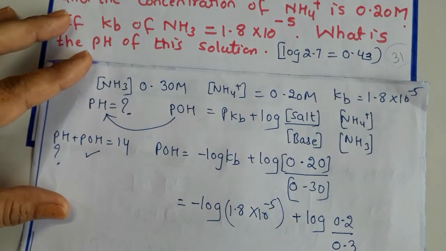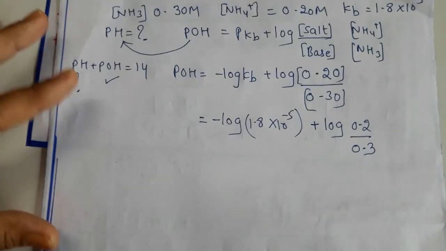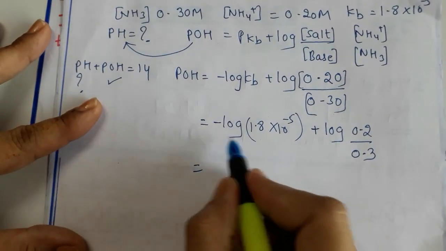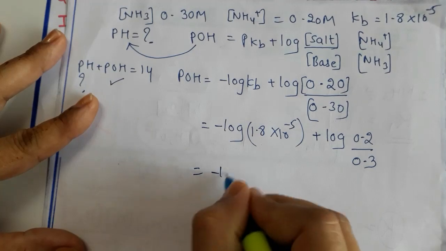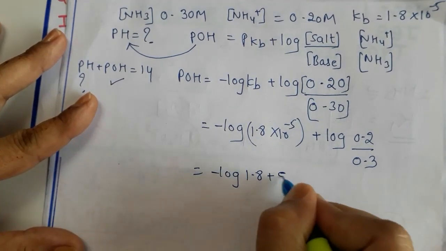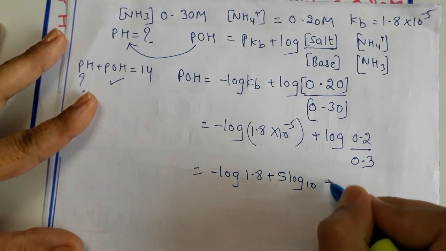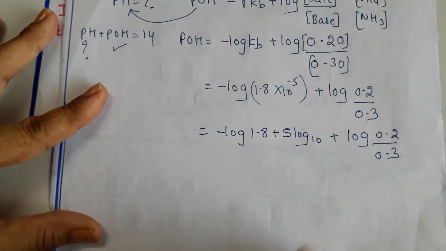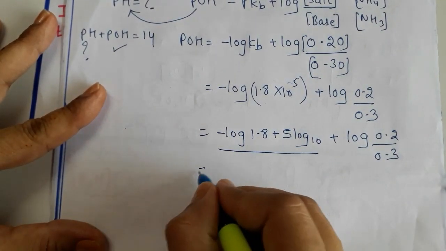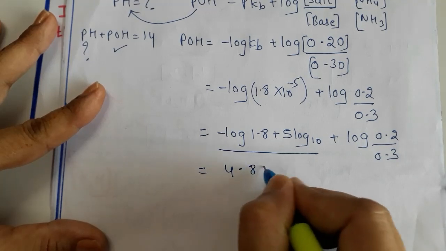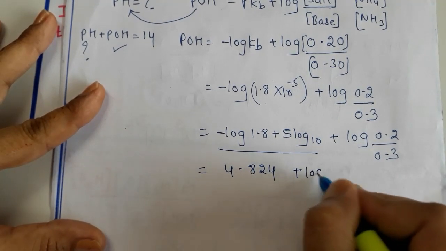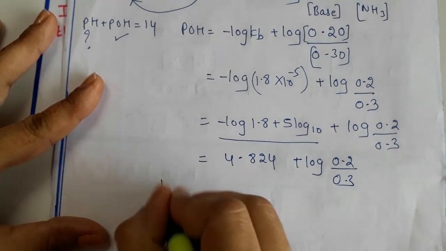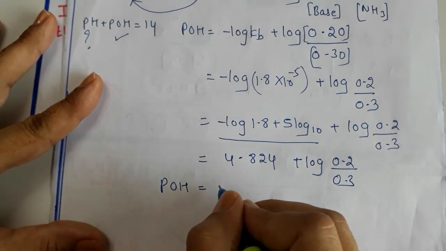Now we are going to solve it like this: minus log 1.8 plus 5 log base 10 and plus log 0.2 upon 0.3. When you solve this particular expression, you will be getting roughly the answer as 4.824 plus log of 0.2 upon 0.3.